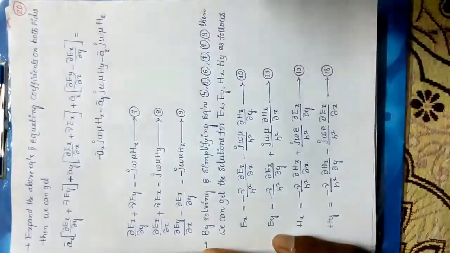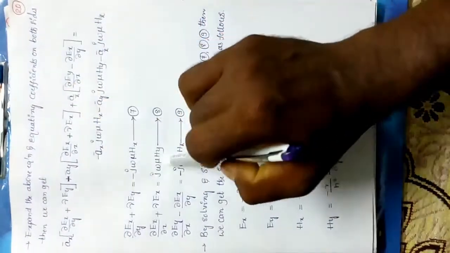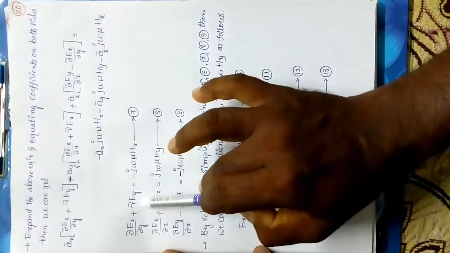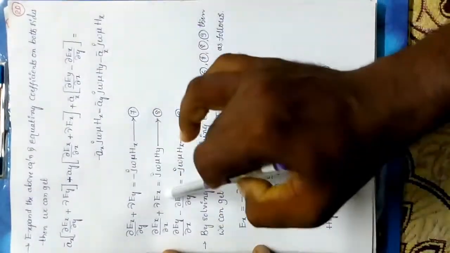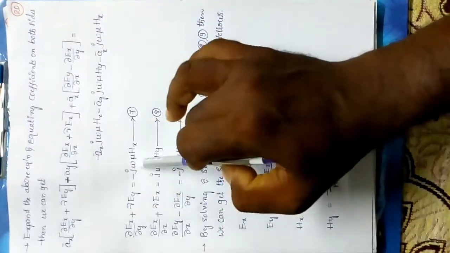And this one we are getting from Maxwell's equation 2. Here you see EZ, EY, HX; EZ, EX, HY; EY, EX, HZ. The combination of these is transverse electromagnetic, that is TEM.